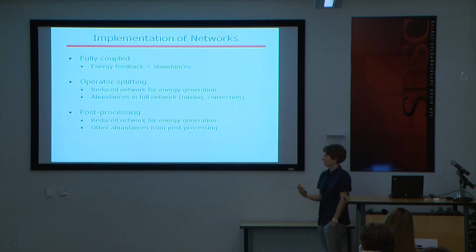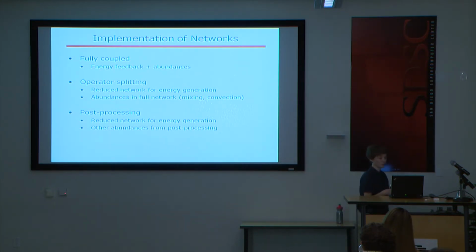Then you take that data and feed it into a nuclear reaction network. Now you don't have to minimize the number of species you're following. If I do a new p-process calculation, I can follow every species that I think could possibly be relevant, in a separate step from the hydrodynamics.